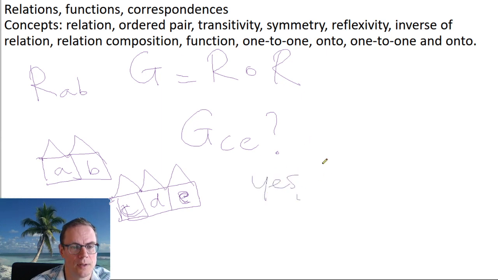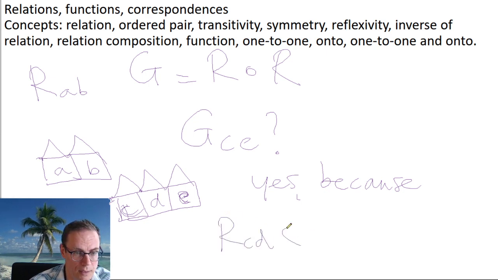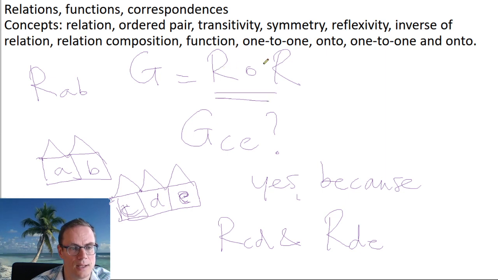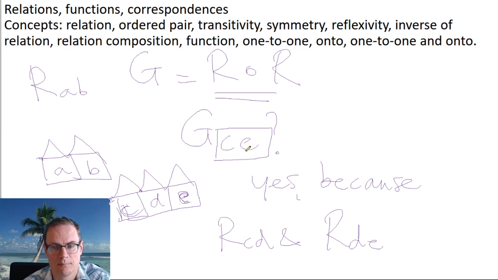Yeah, because C and D are related by R, and D and E are related by R, and G is nothing but the composite of R and itself. So G relates those ordered pairs such that the first member is related by R to something, and that something is related to E by R. So this is being a neighbor of a neighbor in this case.